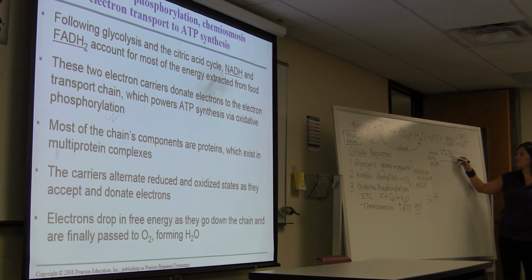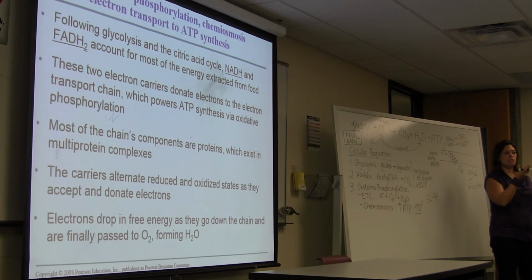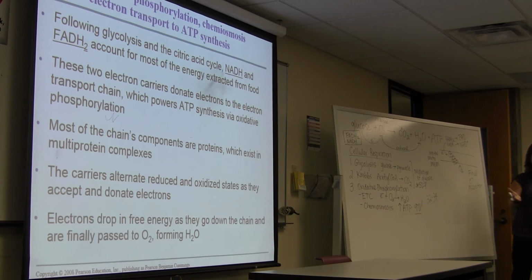And then this next one just became reduced because he just accepted an electron. Then he's going to turn around and be oxidized because he's passing it down to the next one. This is going to happen all the way down this series of proteins. One protein will be reduced, and then turn around and be oxidized, and the next one will be reduced, and then turn around and be oxidized. So there are all these redox reactions going on in the electron transport chain.